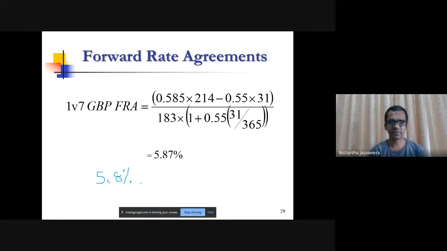Should you buy a FRA from the market or sell a FRA in the market? This is market rate.